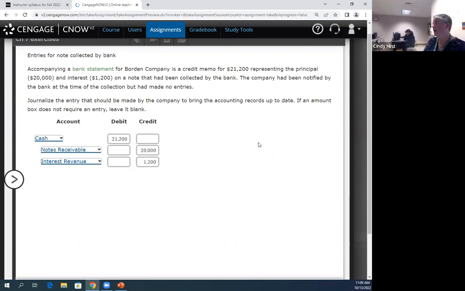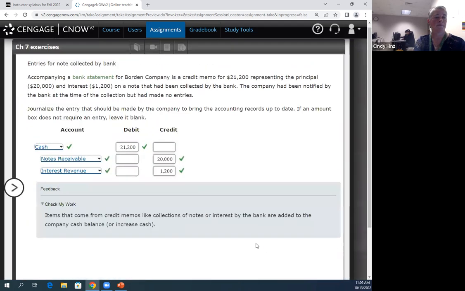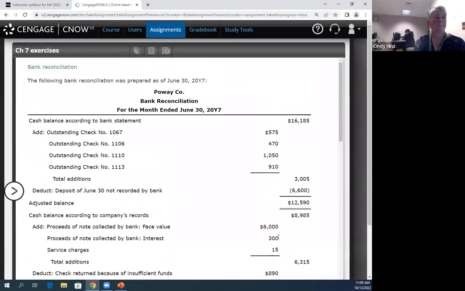Now we actually have the cash. Make sense? Any questions? Okay.